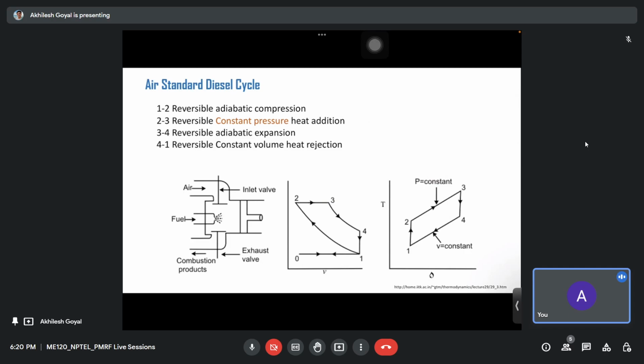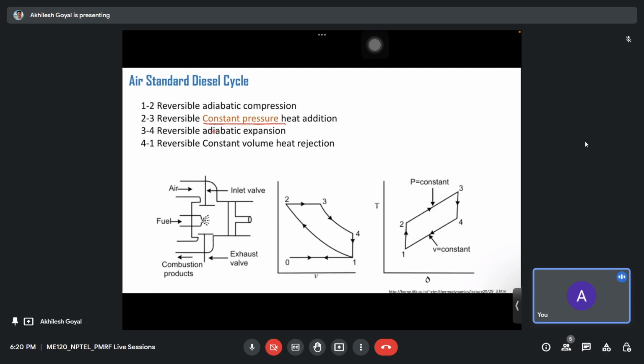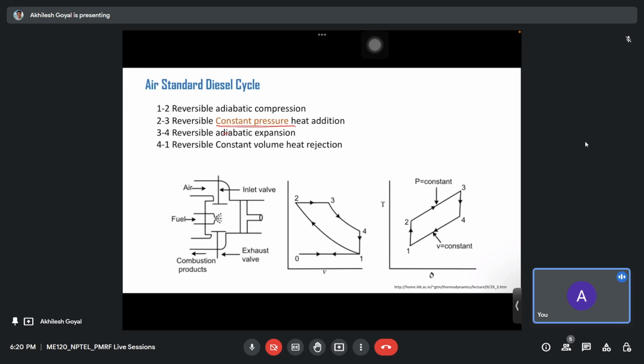So the main difference is, in the Otto cycle heat addition was at constant volume, but in the diesel cycle heat addition is at constant pressure. Here you can see from point 2 to 3, the heat addition is at constant pressure, compared to the heat addition at constant volume in the Otto cycle.